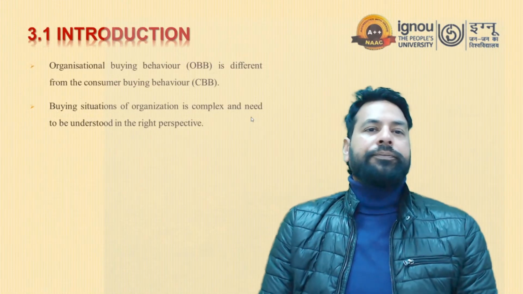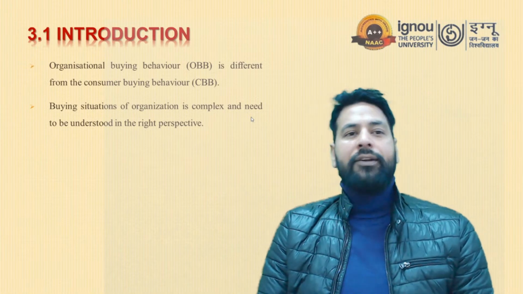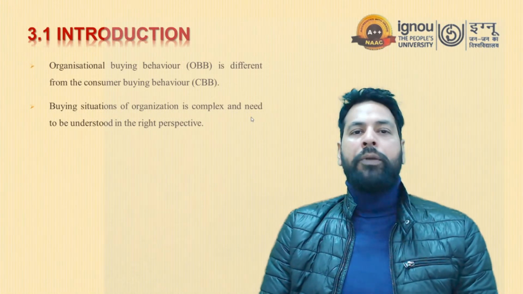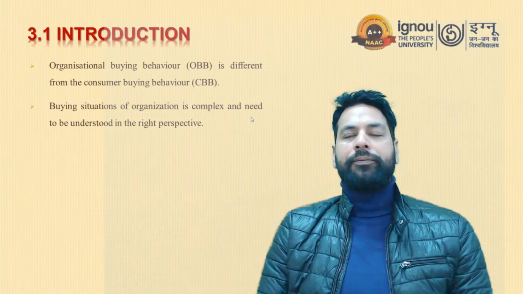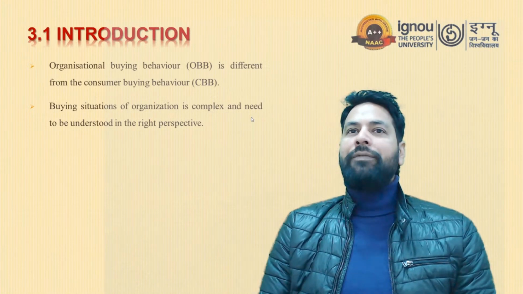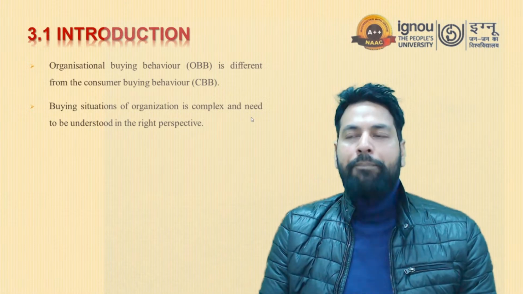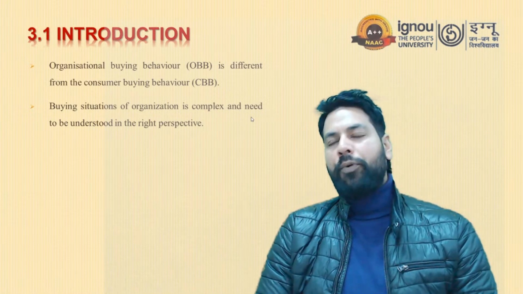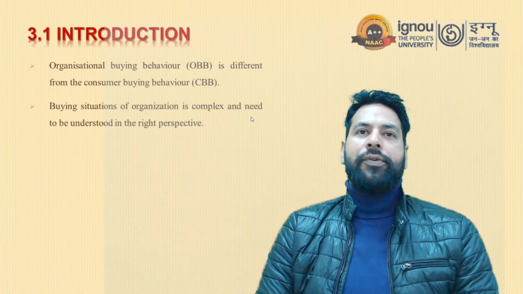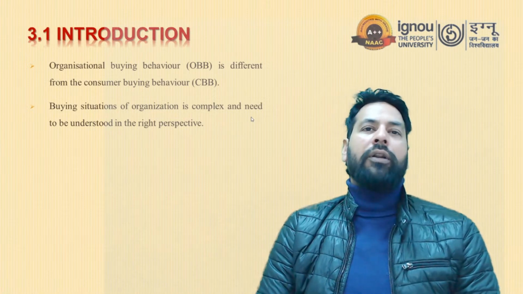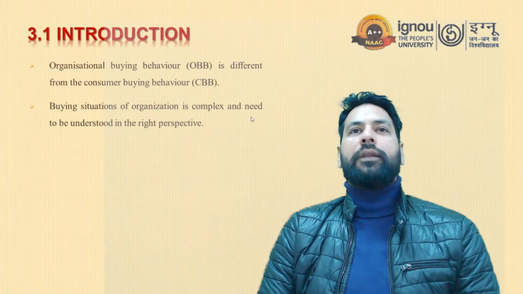Look at this. As I said, organizational buying behavior, OBB, is different from consumer buying behavior. Organizational buying behavior is more complex because there are people who are involved. There are processes. For an individual, I have to make a call if I want to purchase something.